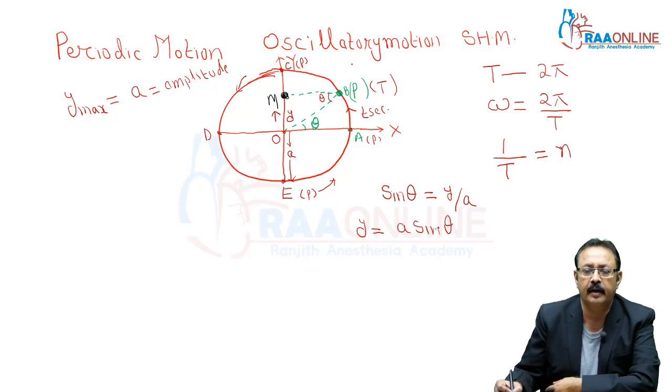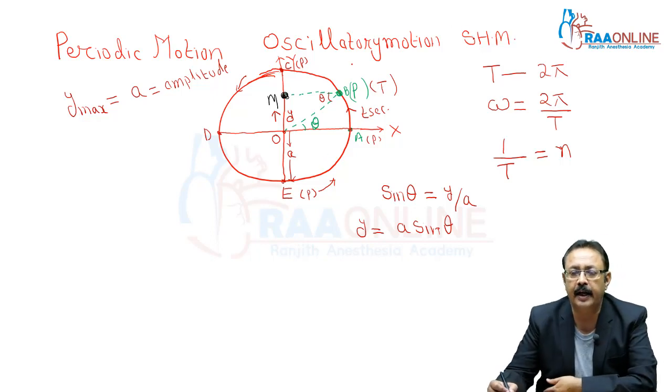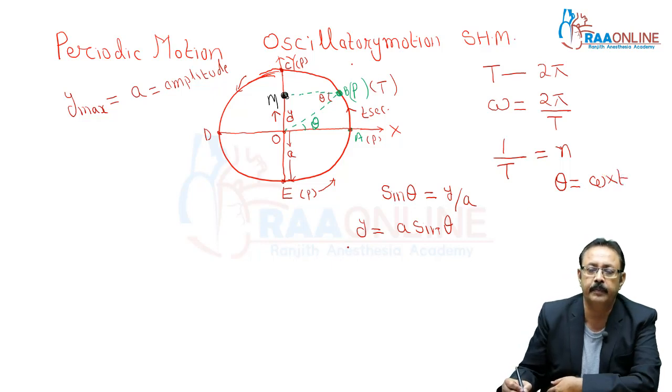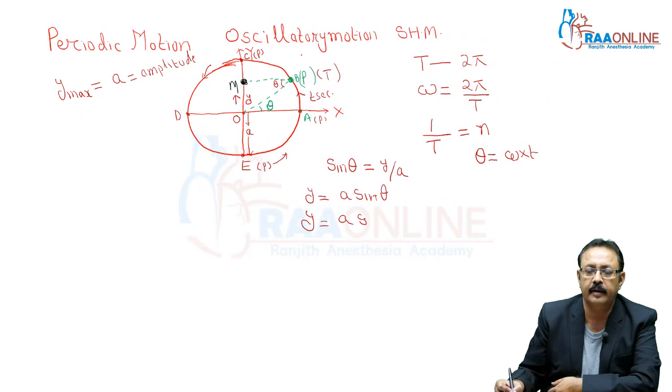What is theta? It is the angle moved in t seconds. Since the angular velocity is omega, the angle moved in 1 second is omega, so the angle moved in t seconds should be omega into t. So we can replace theta by omega t.